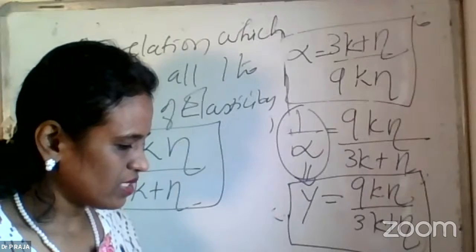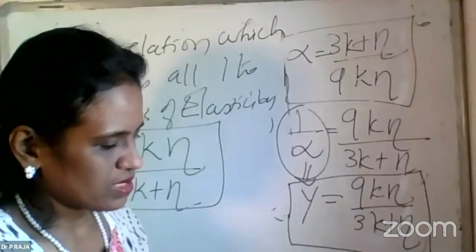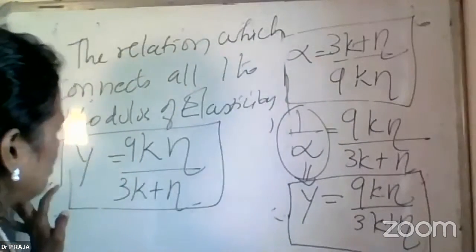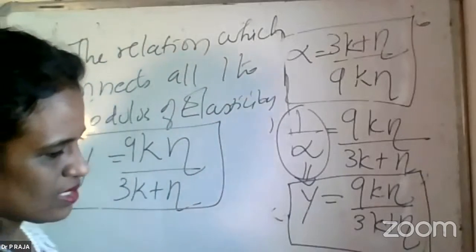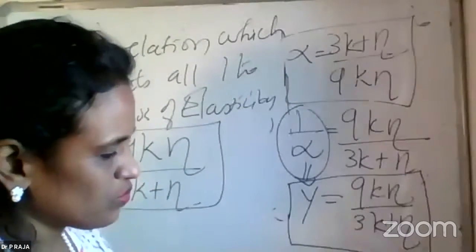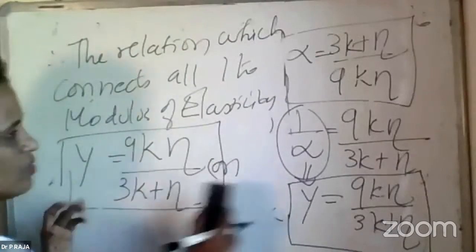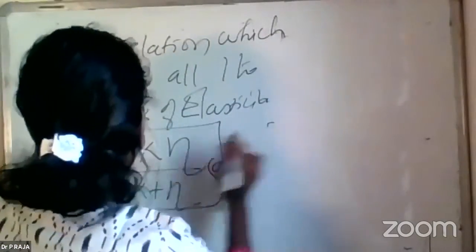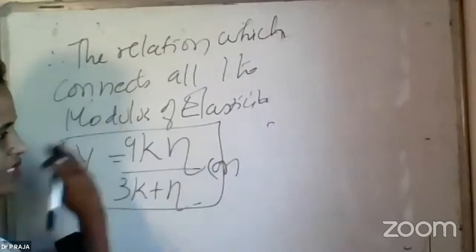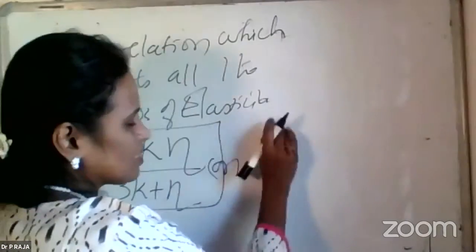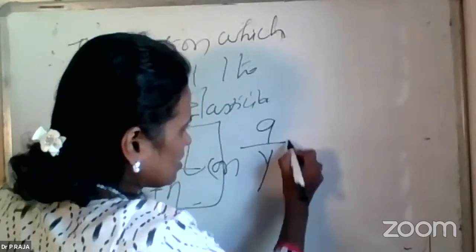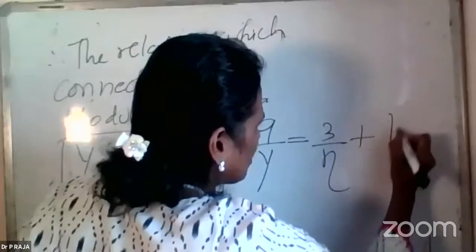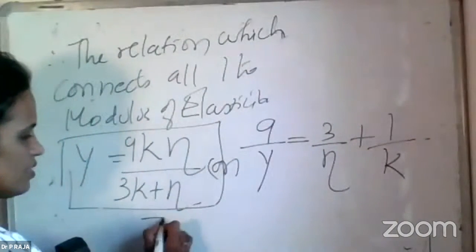This equation can also be modified. If you try to rearrange this equation, bringing the 9 and the k onto the other side, and bring the Y to the other side and rearrange the terms, this can also be written as 9 by Y equals 3 by eta plus 1 by k.